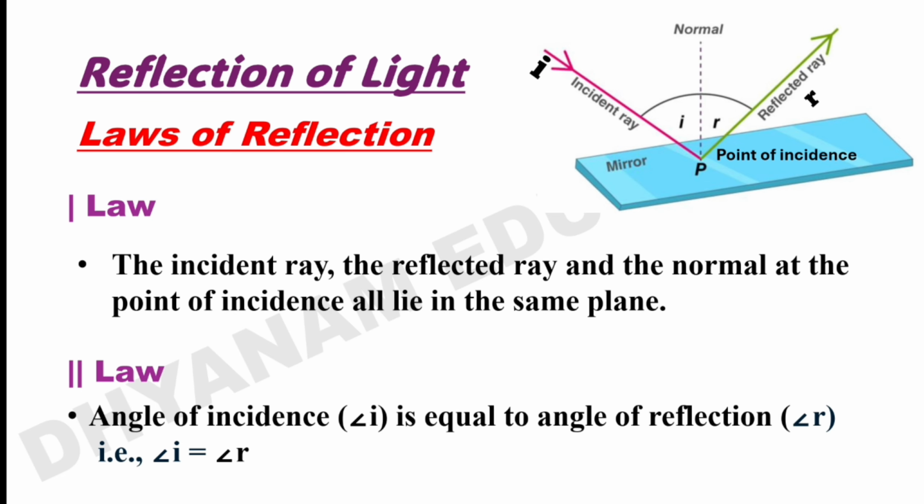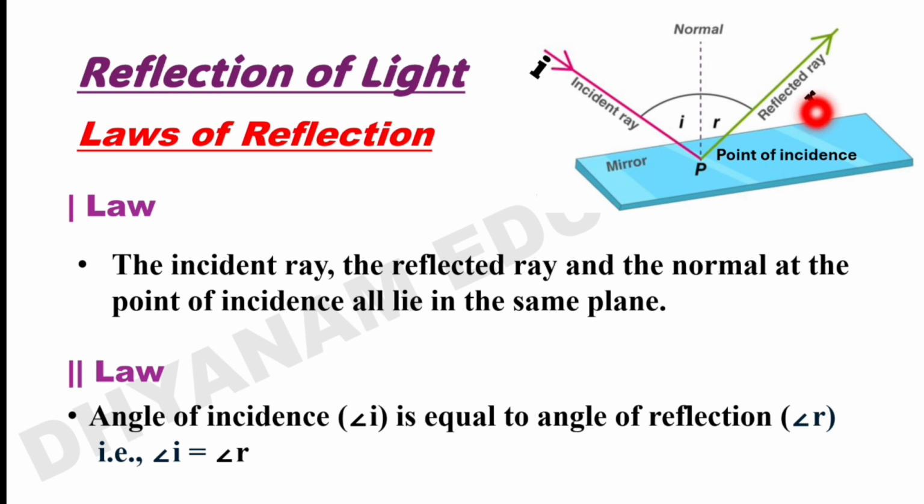Now let us see the laws of reflection. It is very important. There are two laws of reflection. The first law is: the incident ray, the reflected ray and the normal at the point of incidence all lie in the same plane.